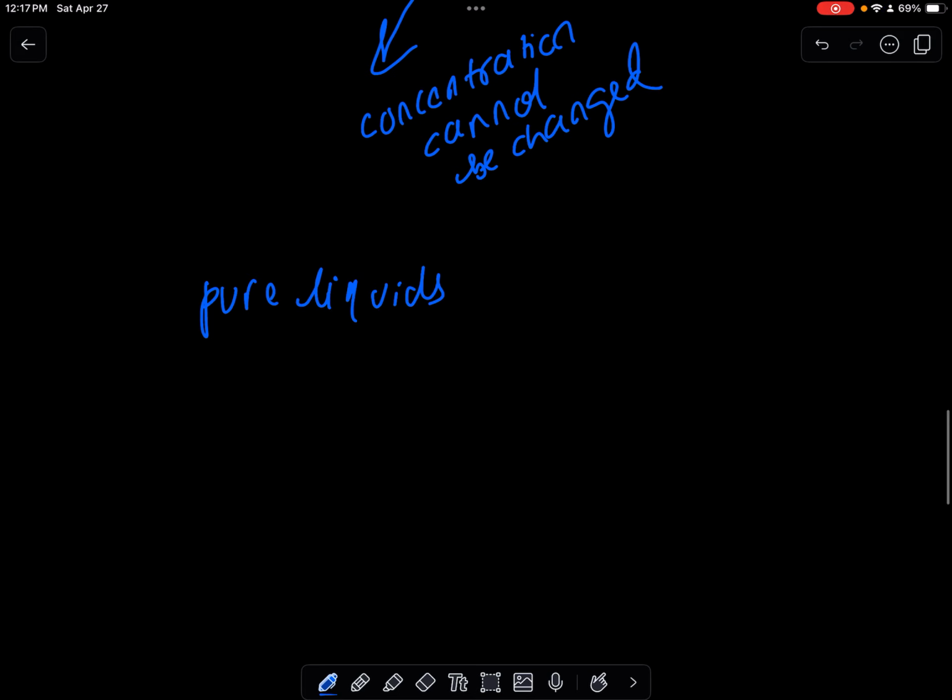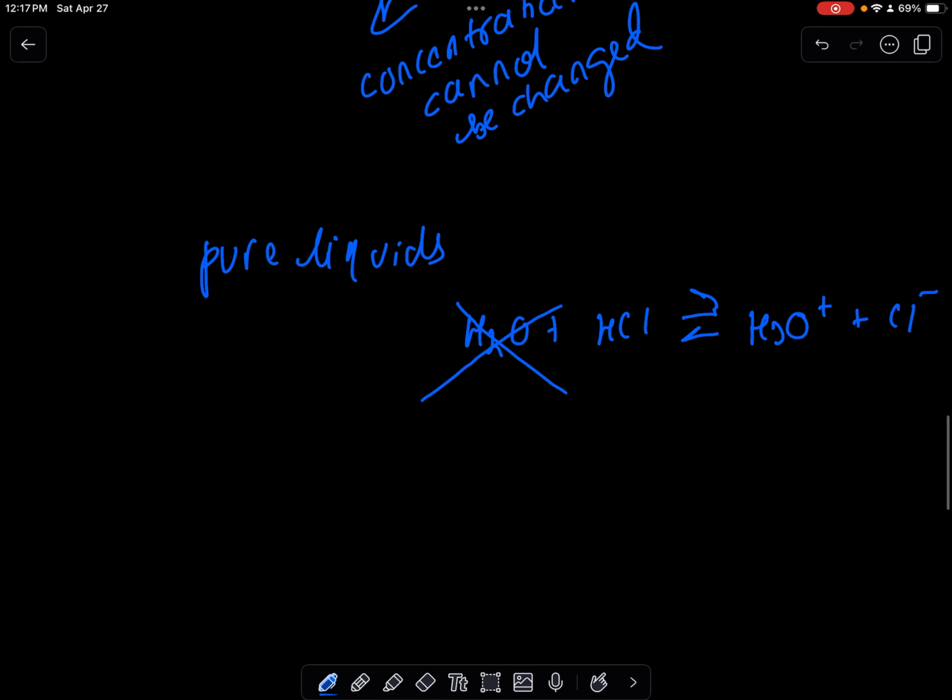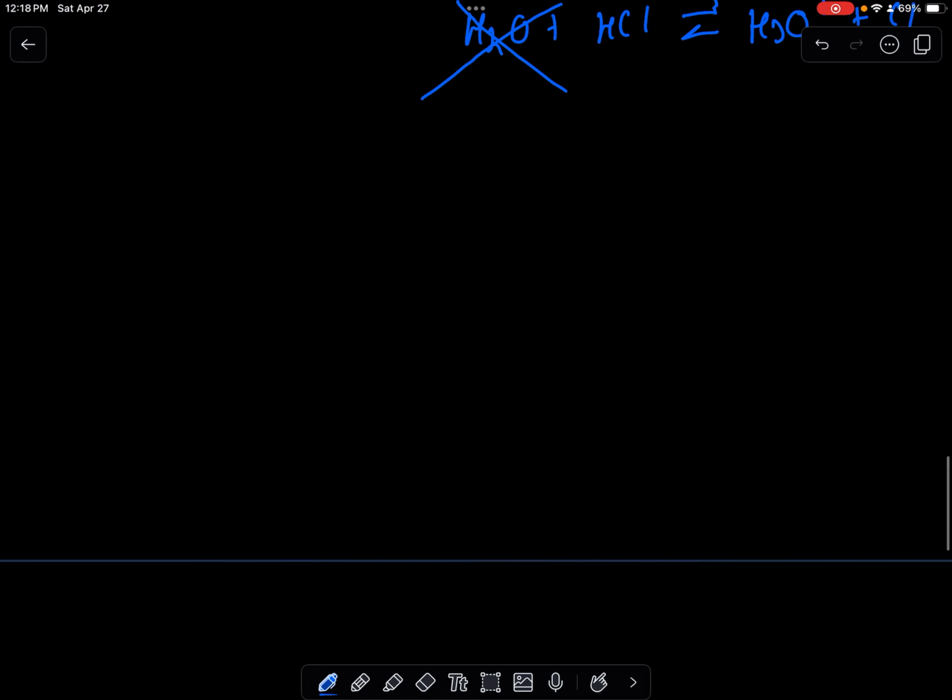So if we take, for example, H2O plus HCl goes to H3O+ plus Cl-, we do not include water in this equilibrium constant because it is a pure liquid. So let's have a go at writing equilibrium constants for some of these reactions.